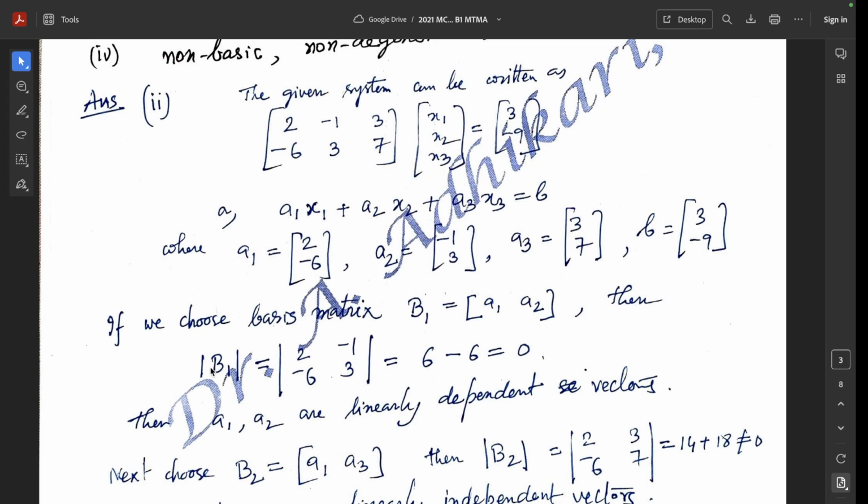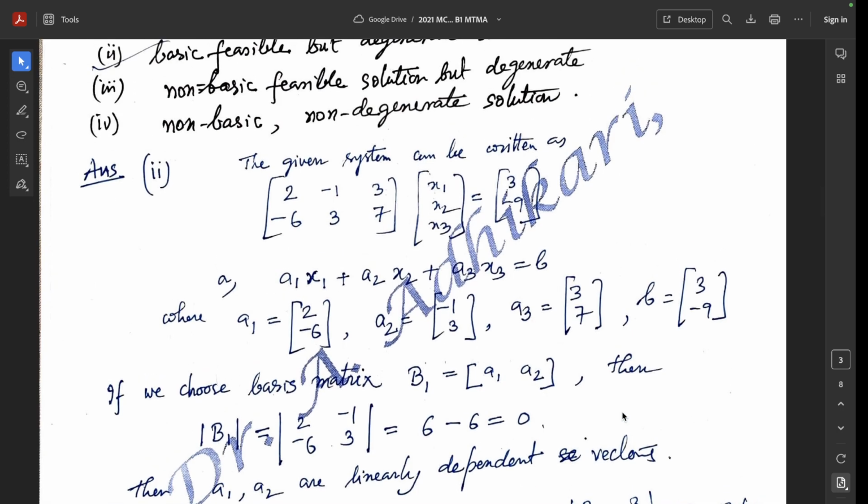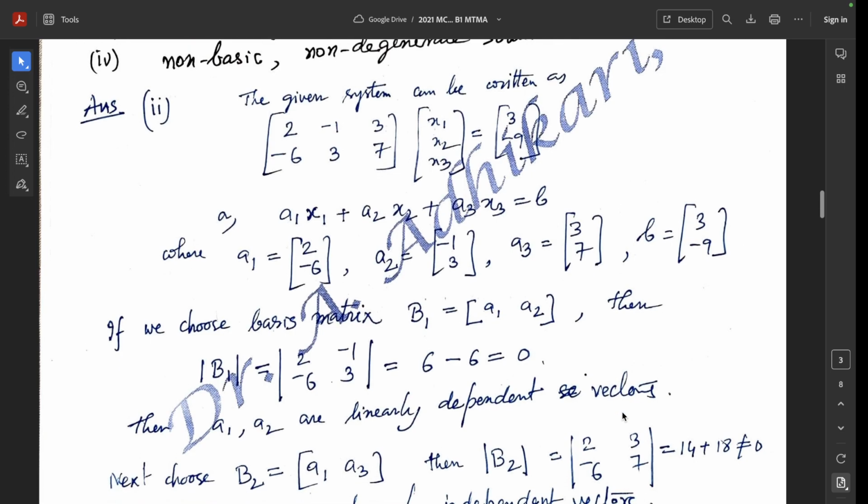But here the determinant of B1 is 0, so a1 and a2 are linearly dependent vectors. So we cannot find the basic solutions from these vectors.